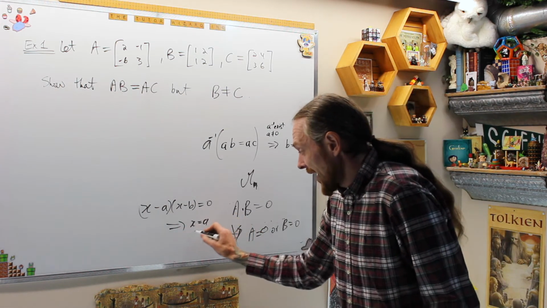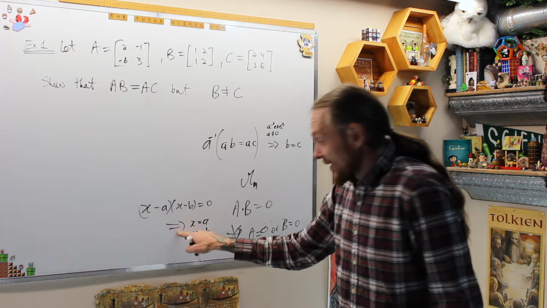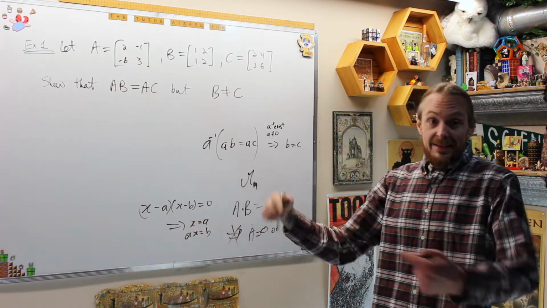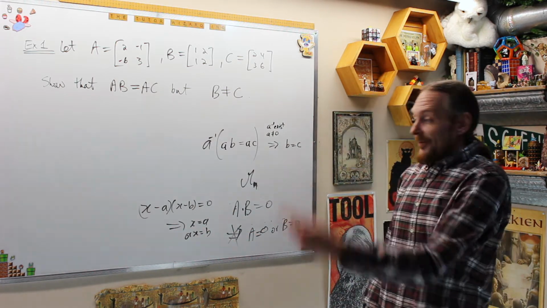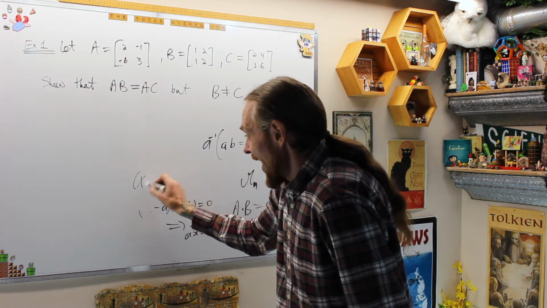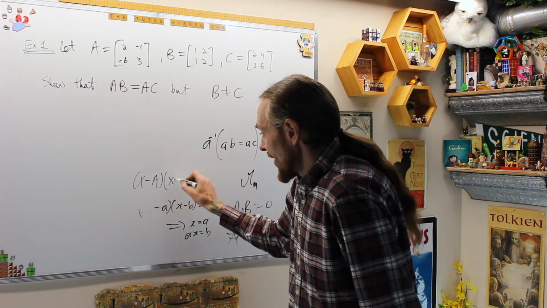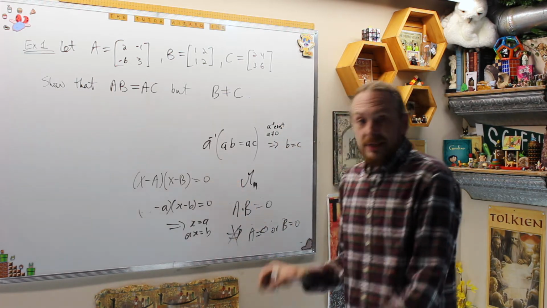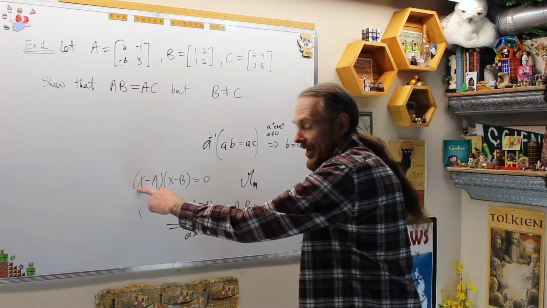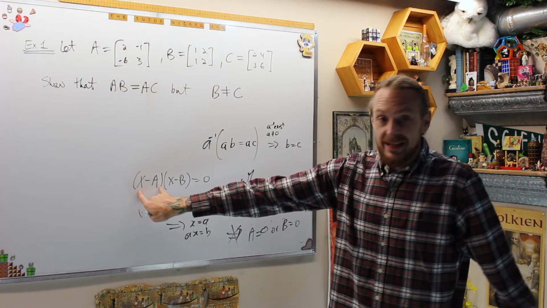That says x equals A or x equals B, because I know that this property is true. I have the cancellation property for real numbers. But if it's matrices now, if I do x minus A times x minus B is 0, we don't know if we have the cancellation property. We can't just cancel because we don't know if these guys have an inverse.